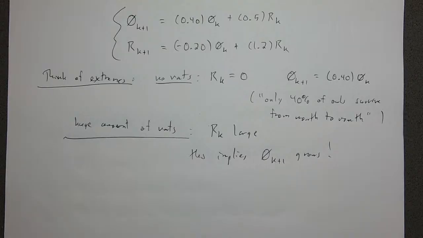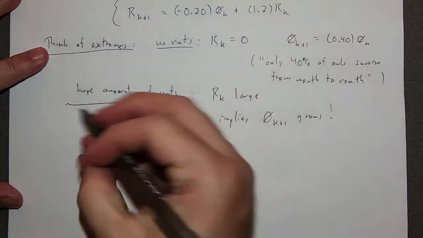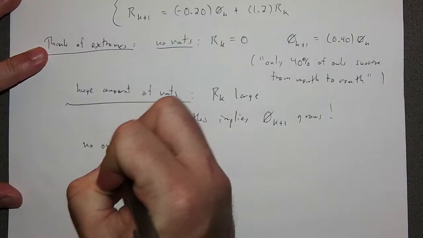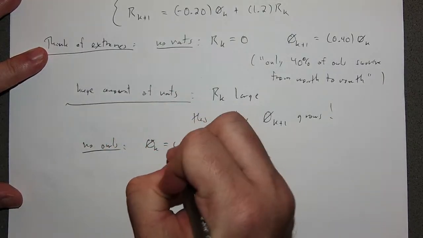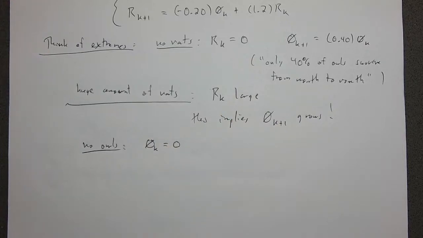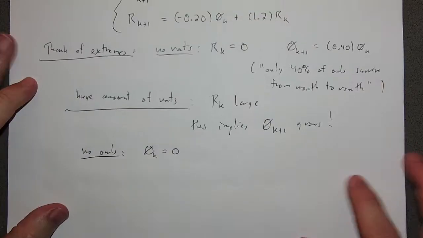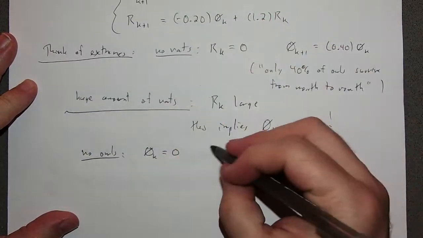Okay. What about if there are no owls? So the number of owls is 0. Then what happens to the rats? Okay. So there are no owls.